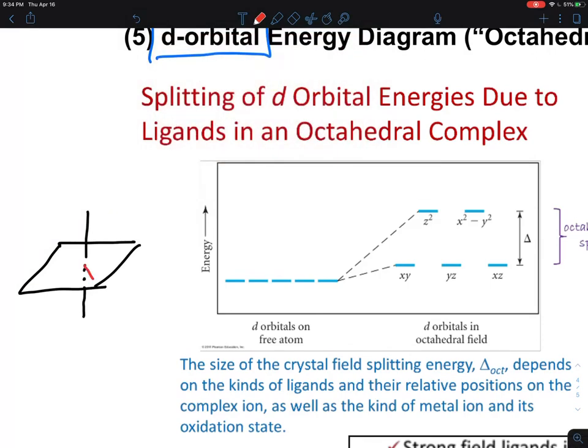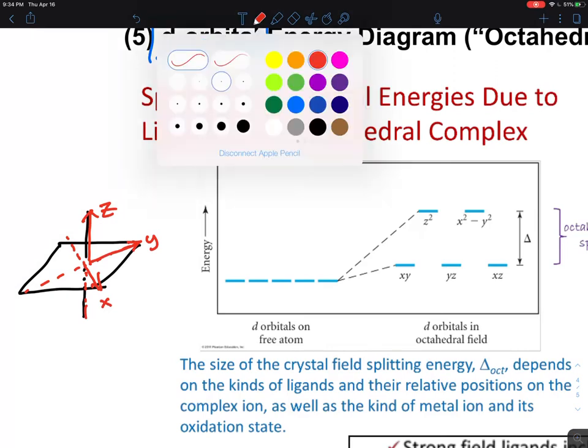So this is an x, and this is a y, and this is z. So you can think about the symmetry in the octahedral, and which one is on the axis, right? And then now we are going to have the ligands. What the ligand means is that each ligand is going to push the electrons to you.